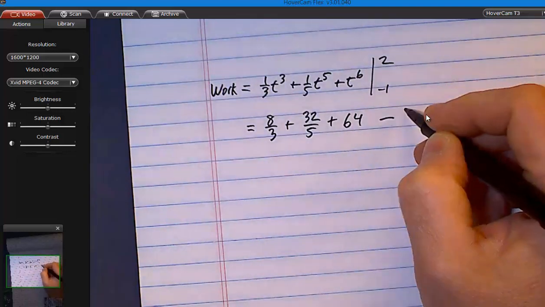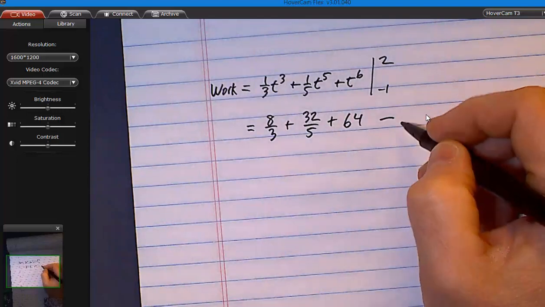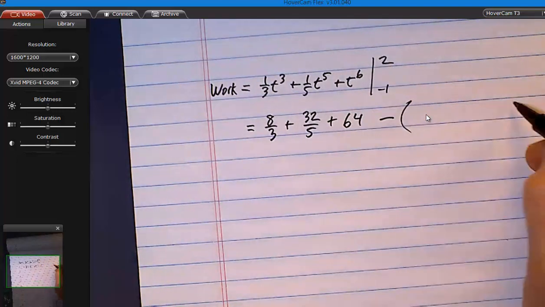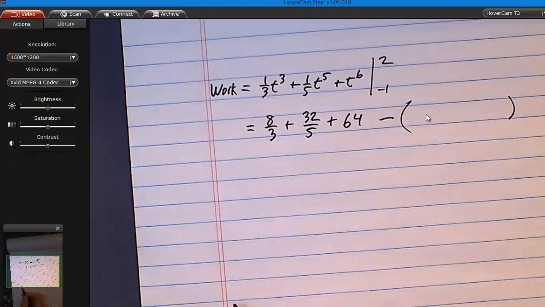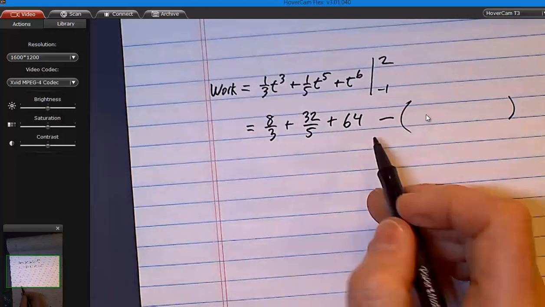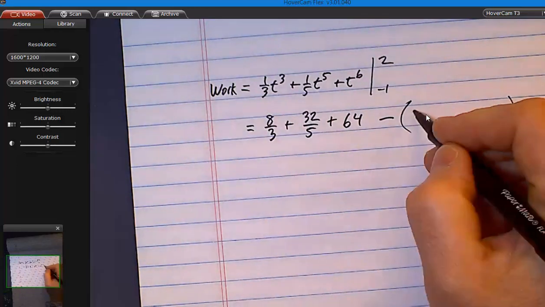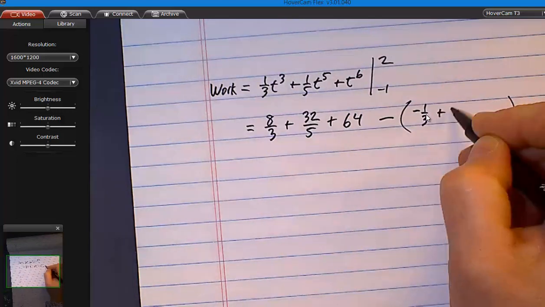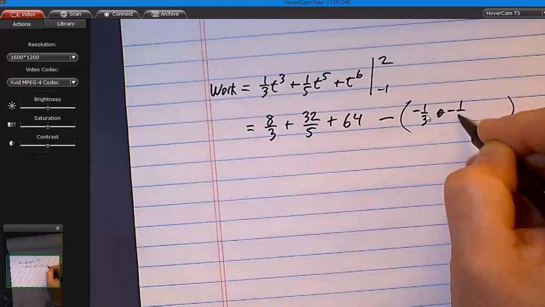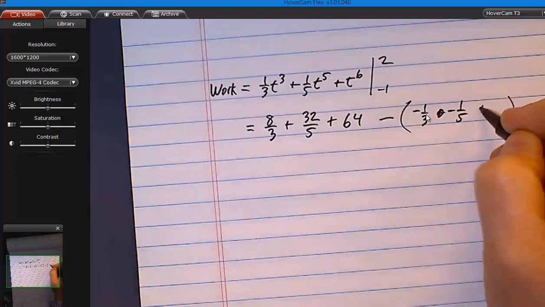Then I have to subtract what happens when I plug in -1. You just have to watch your signs: -1/3 plus -1/5, but when you put -1 in the last term, you get +1/6.